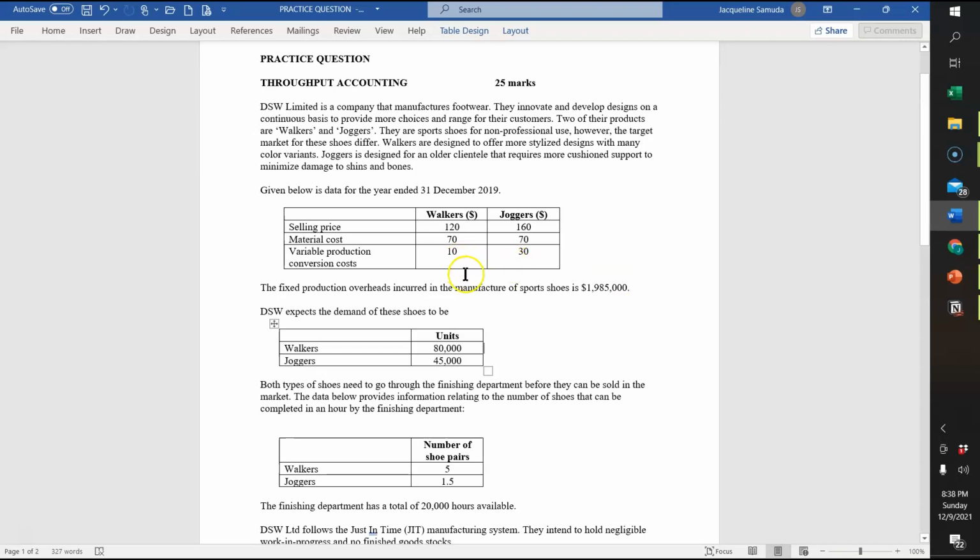And in addition, remember I said on the slide, factory costs include overheads such as electricity, depreciation on machinery, factory rent, as well as direct labor. Now, because we included these two rows of data in our throughput calculation, which is the selling price and the material cost, we subtract the two.